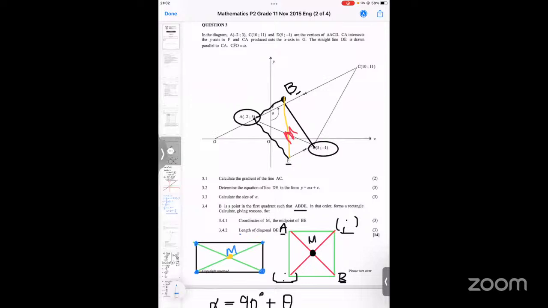So even for that next question, which says the length of diagonal BE, you will still use these points, because the diagonal of that line and that line is the same in length as the diagonal of that line and that line. That's what you should know about diagonal lines. Does it make sense, honorable members? Yes, sir.